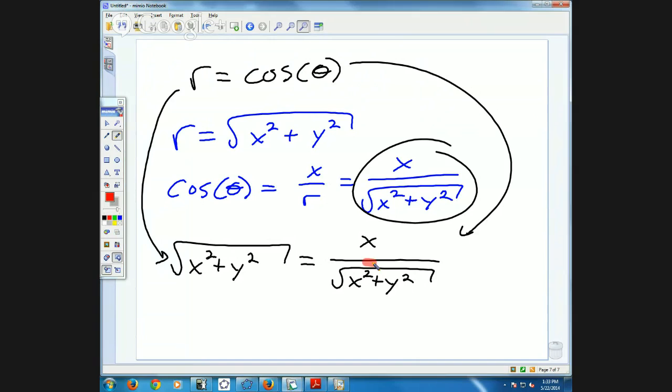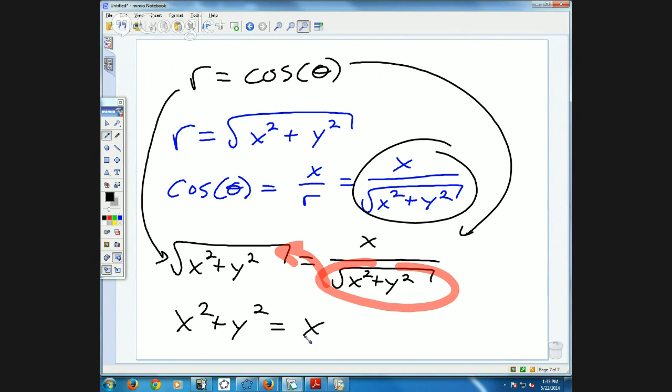So I want to multiply this square root up to the other side. What happens when you multiply a square root by itself? It cancels. Now technically you get the absolute value, but the absolute value of the sum of two squares is still positive, so we're okay. So that's going to be x squared plus y squared equals x.